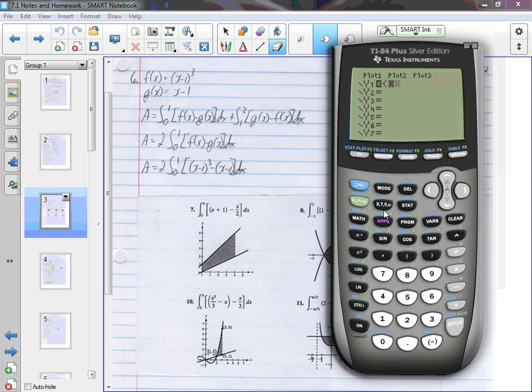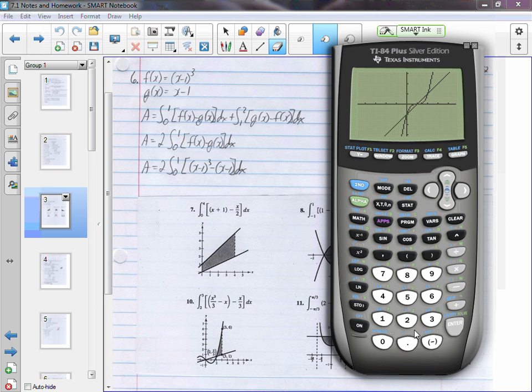So that'll be parentheses x minus 1, close the parentheses, put an exponent of 3 on it. And then y2 will be x minus 1. And we'll graph that. And let's change the setting a little bit. All right, that's a little bit easier.